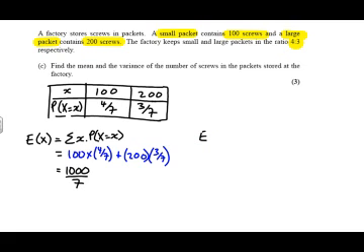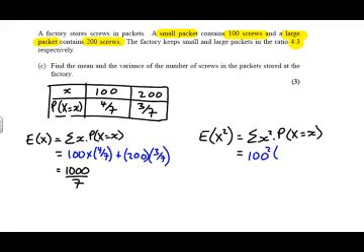And I should also be able to find the expectation of X squared, which is the sum of each of the X values squared and multiplied by their probability, which in this case is going to be 100 squared times 4 over 7 plus 200 squared times 3 over 7.